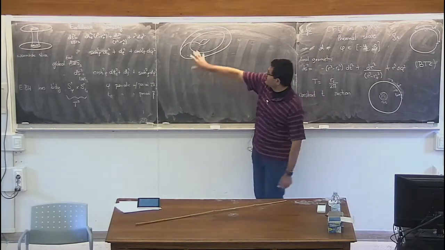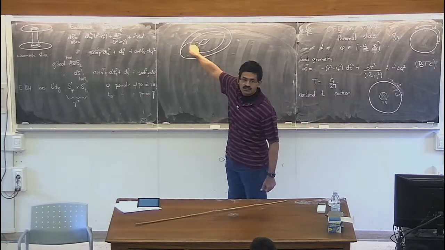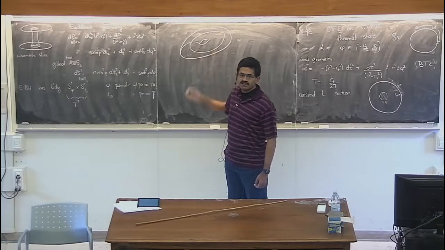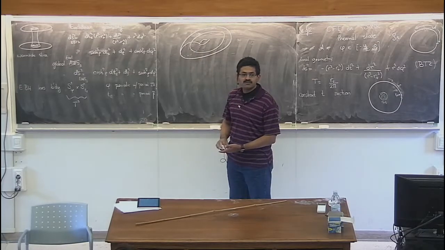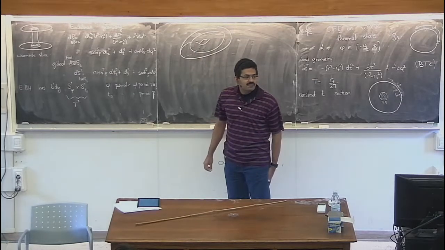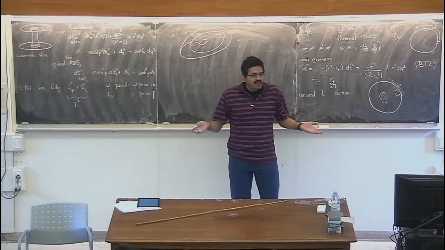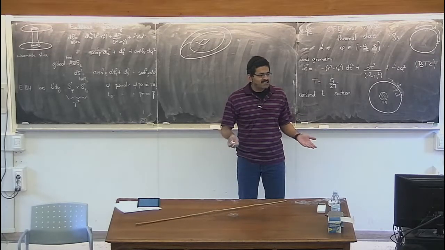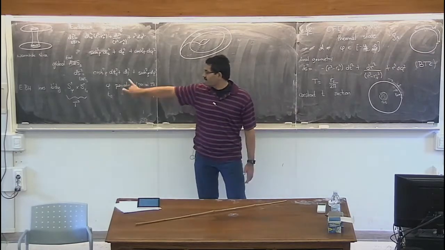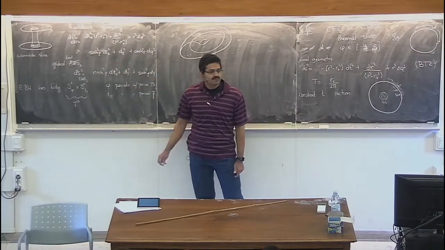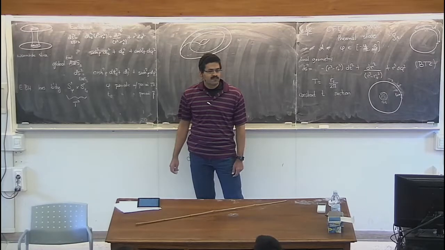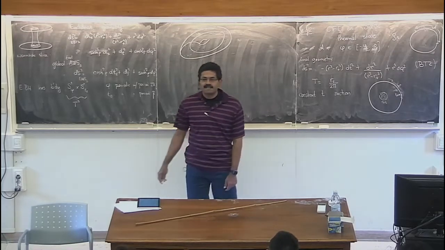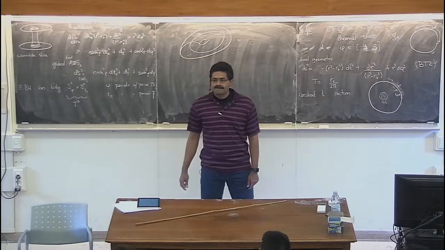So this circle is contractible. This circle in this presentation is not contractible. But it is a Euclidean manifold, and I can choose to slice it different ways and call different things space and time, and I can swap between these two. Okay? Is that clear?